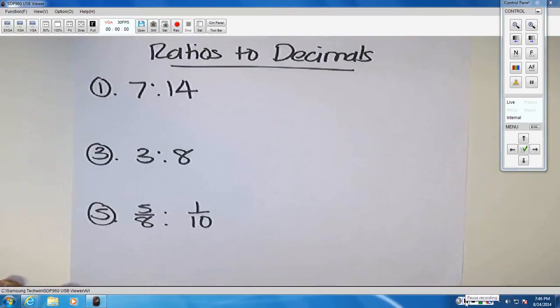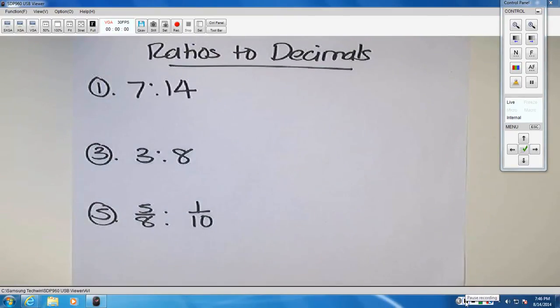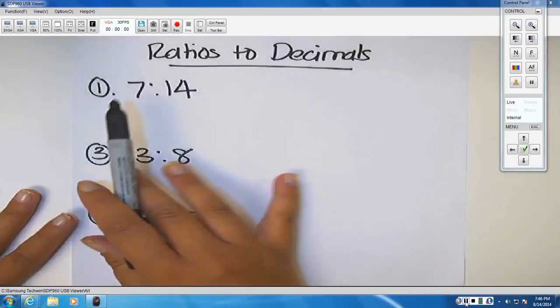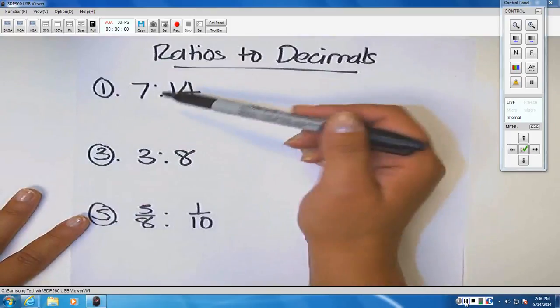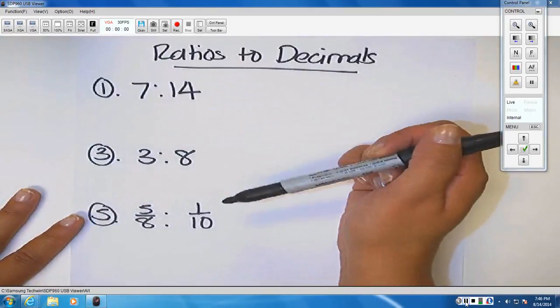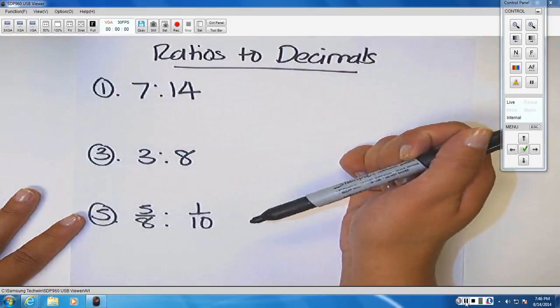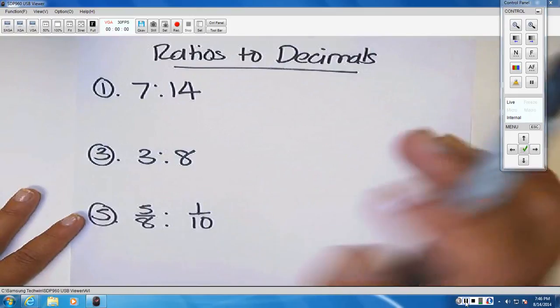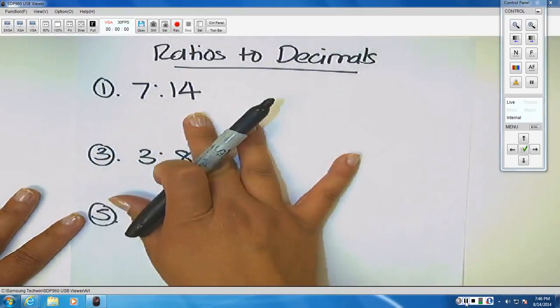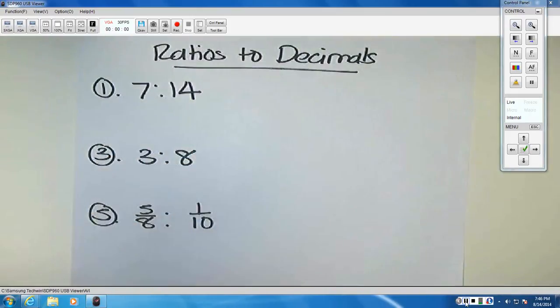Okay, again, going back to the worksheet, we're moving on to the next section, and we're going to have ratios, turning those ratios into decimals. So here with number 1, we have 7 is to 14. Basically, we're just going to divide the first number by the second number. Use your calculator.